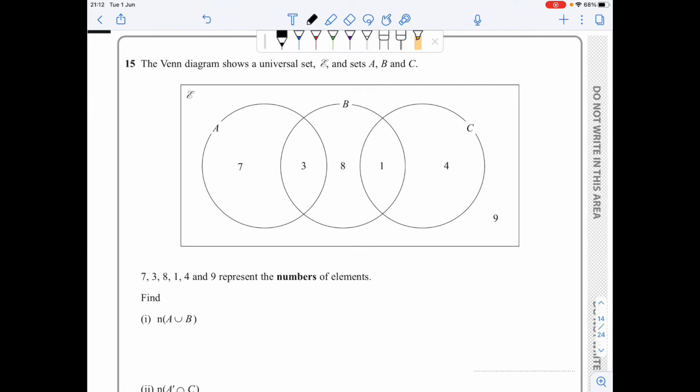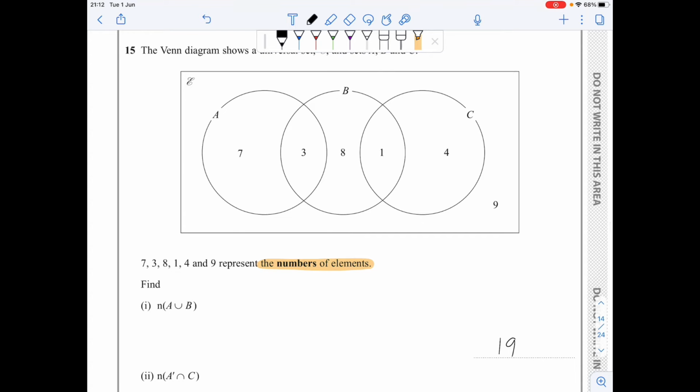In question 15, note that these numbers represent the number of elements. So the number of elements in A union B is this one here, and when I do the addition, I get 19.